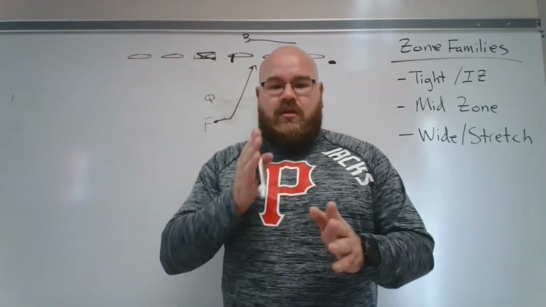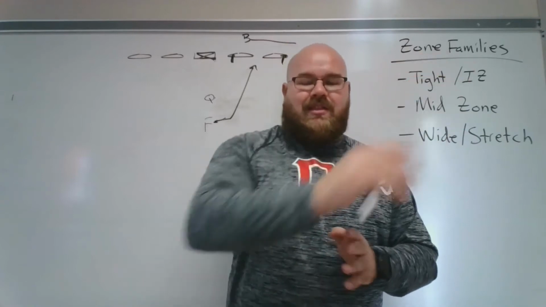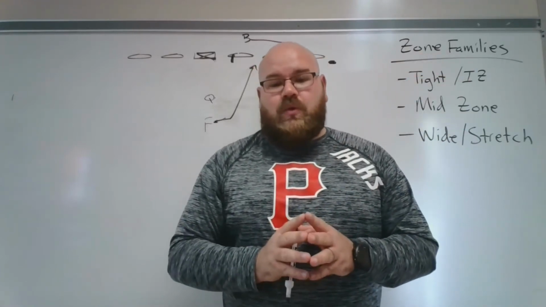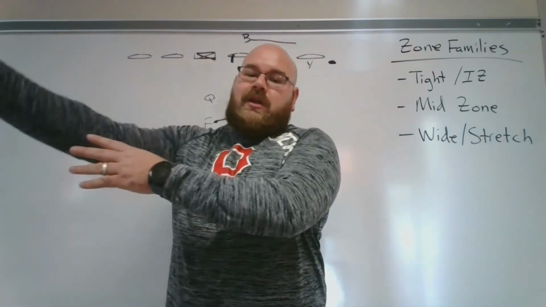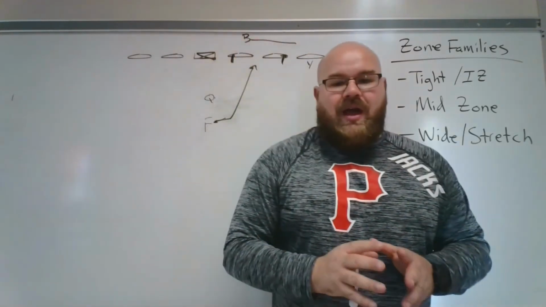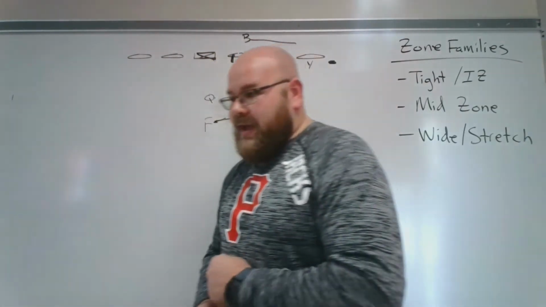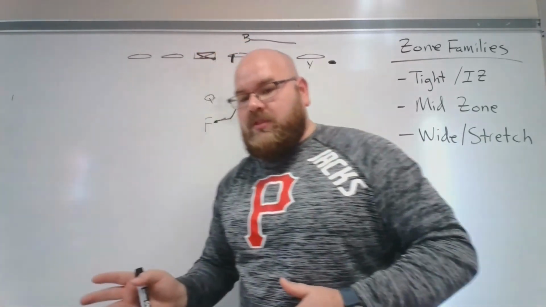Tight zone is we're hitting it tight and backside, trying to get people to misfit and hit it backside. Stretch or wide zone or outside zone, we're trying to hit it wide, we're getting out there, and then we're going to cut up inside, but we are doing it way out there. And then mid zone, our angle is we're making them think stretch, and then we're turning it up really quick. We're wanting to run inside zone, but we're wanting them to think stretch first.